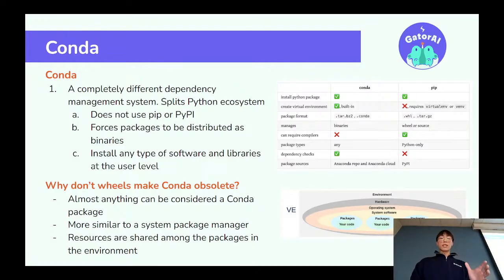As well, one of the biggest things is that resources are shared amongst the packages in the environment. So, for example, we talked about how before Wheels have isolated dependencies, right? Conda does not assume that, and it essentially allows you to install closer to the hardware level dependencies that are too large or too complex to be bundled separately, right?